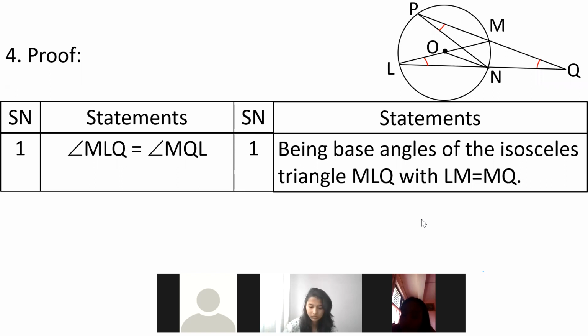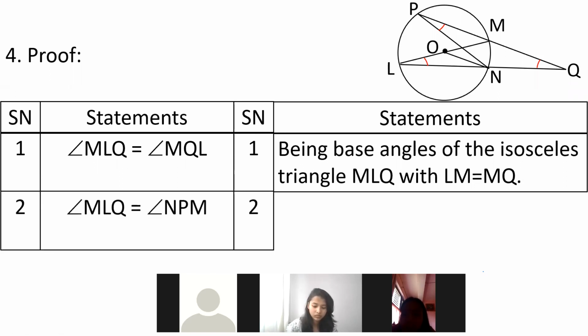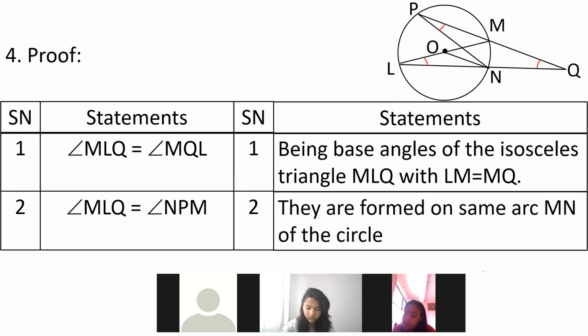So the next point we can use is that this angle equals this angle, MLQ equals NPM. Why? They are formed on the same arc MN of a circle. So we can say these two angles are equal.